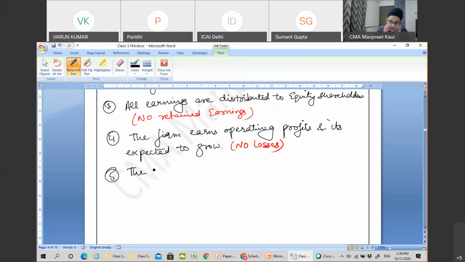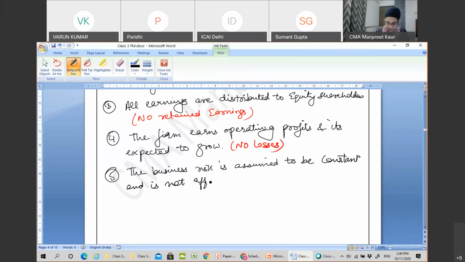The business risk is assumed to be constant and is not affected by the financing mix decisions.